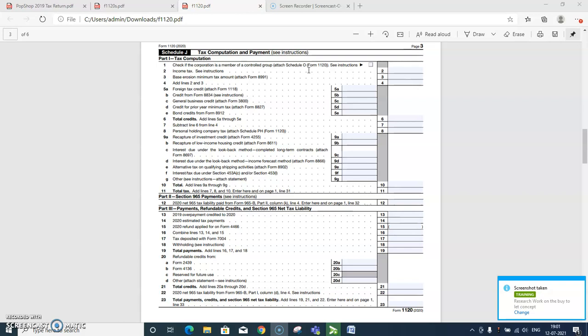Now coming to 9D, interest due under the look-back method, income forecast method. You have to attach Form 8866.